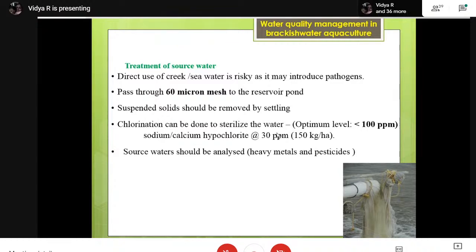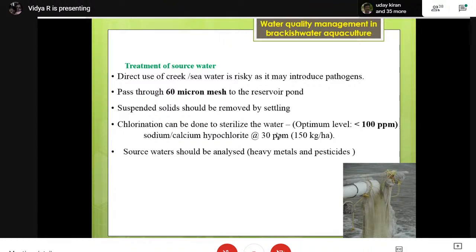There are different types of micron meshes available, but here we recommend a 60 micron mesh for the reservoir pond, because many small animals living in the water can be carriers of viruses or bacteria. If we use this mesh, we can eliminate such carriers from the system.